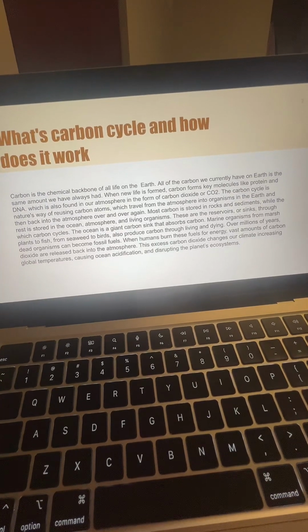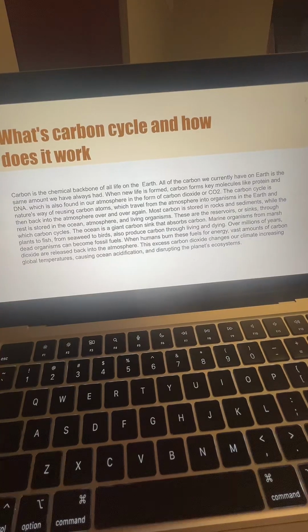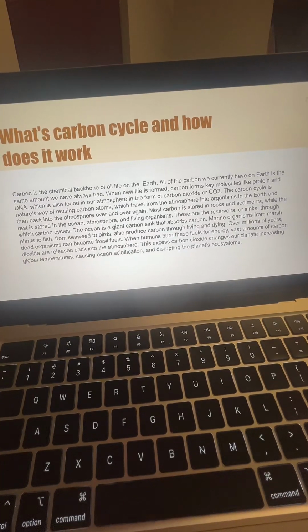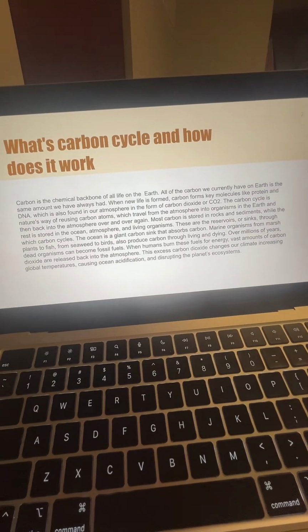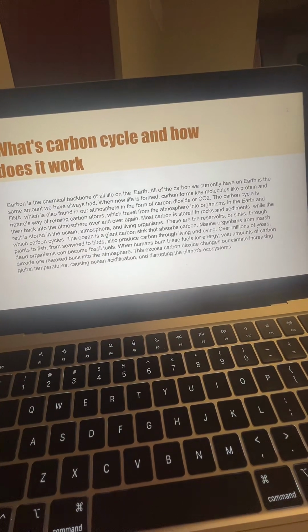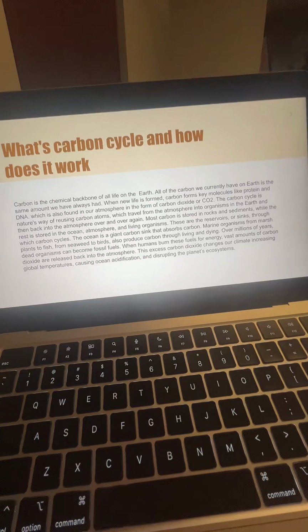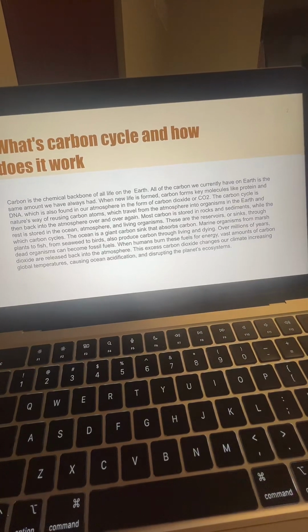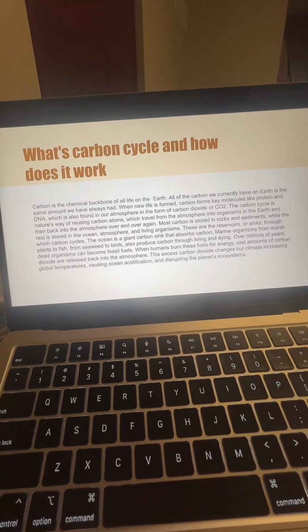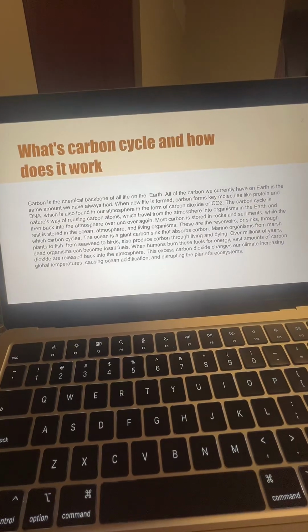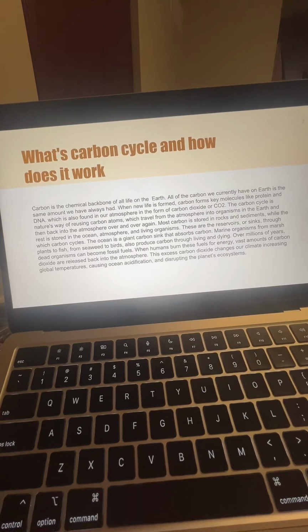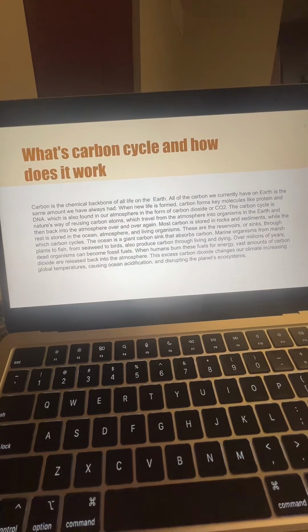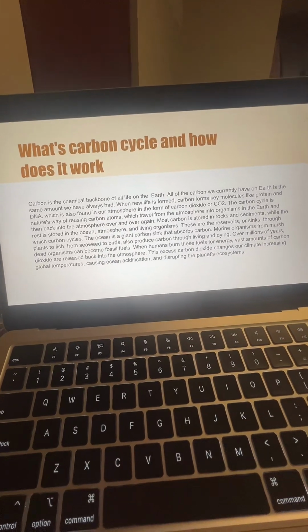The carbon cycle is the natural way of reusing carbon atoms, which travel from the atmosphere into the organisms on the Earth and then back into the atmosphere over and over again.